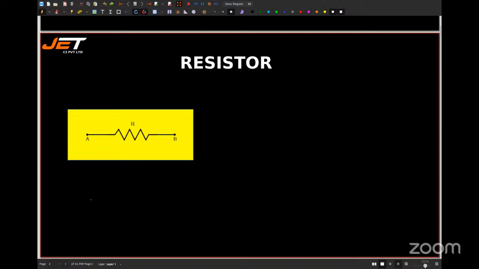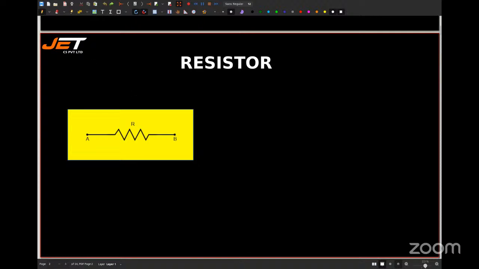Then at the resistor, there is a drop in the voltage. So we can calculate how much the drop will be, because of which current will be affected. How will current be affected if voltage drops? That is because V is equal to IR, right? So V is directly proportional to I. As voltage drops, current also drops. So that is how they are connected.